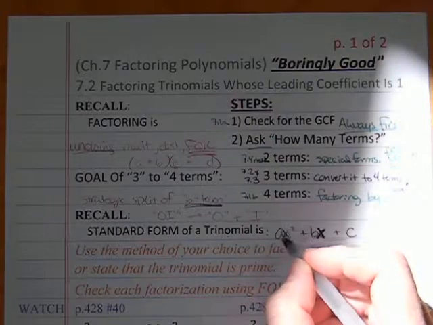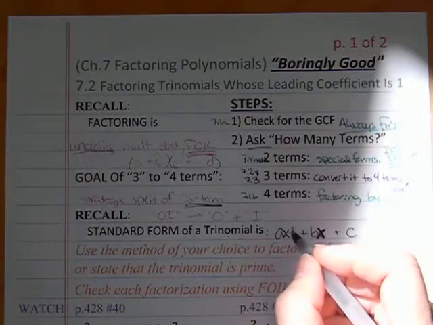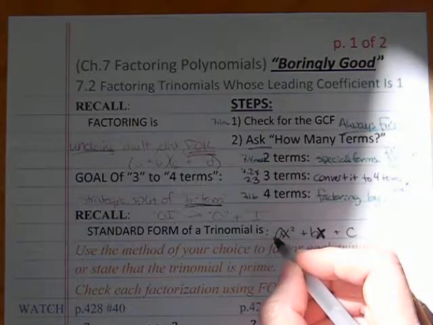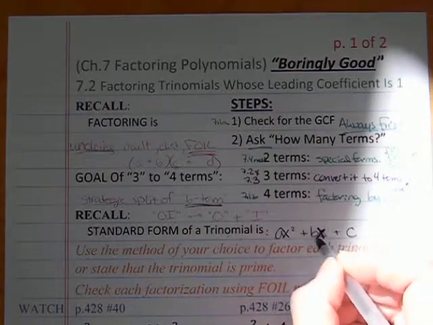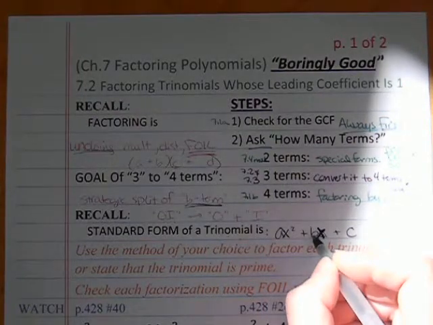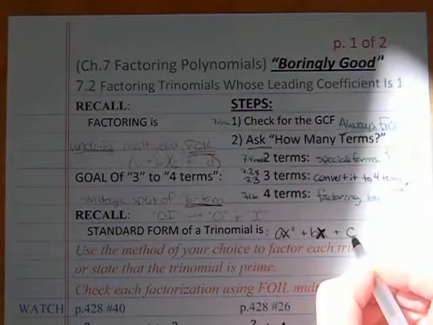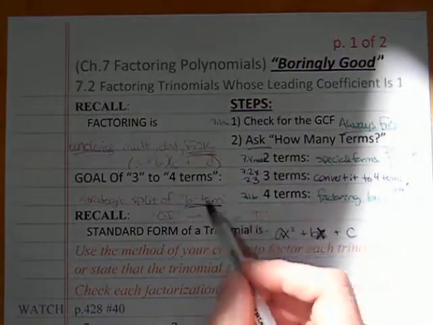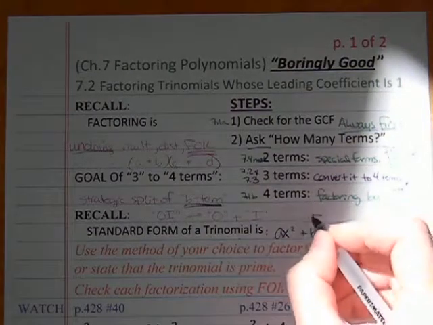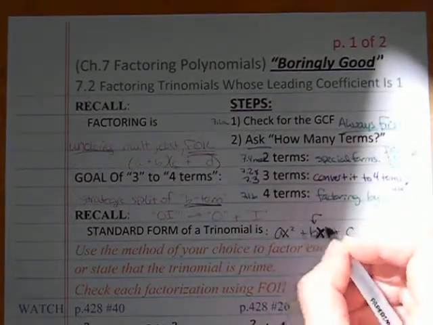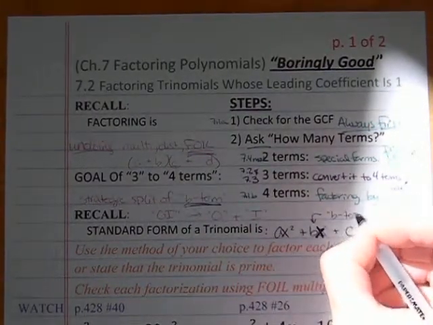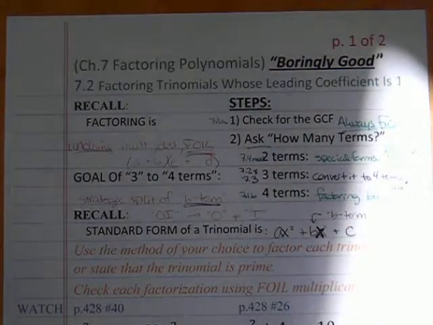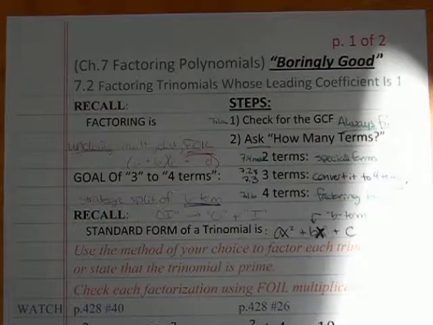In other words, you've got an x squared piece times some sort of coefficient, an x piece with some sort of coefficient, a number in front, and then a constant. And so when we talk about splitting the B term, we're talking about trying to split this term right here, the middle piece of that trinomial. Let's look at some examples and we'll fill in the steps, and it'll make a lot more sense as we go.